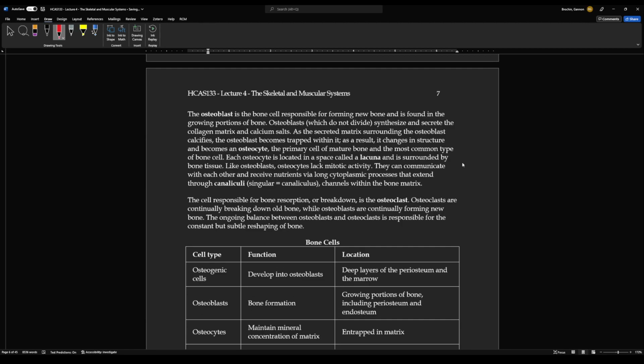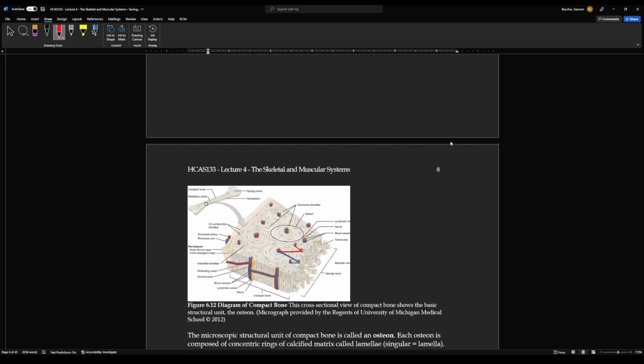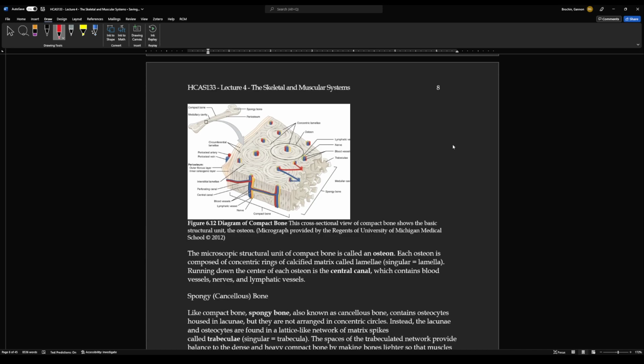We've already kind of talked about this, so I'm going to go through it. Another thing to talk about is the osteon. We'll see this concept in muscle as well, but there's a kind of smallest structural unit of bone, and we call that the osteon. There are concentric rings.